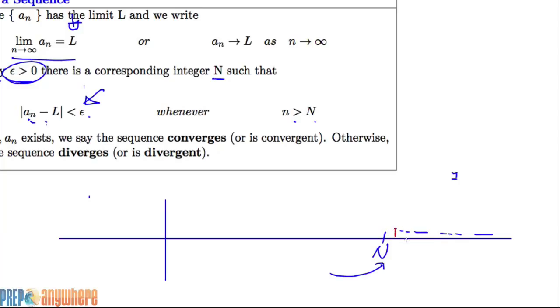Let's say this is the line right here, this is L. So the difference between L and this point is at most epsilon or smaller. If we can make that happen, then we say it's converging.